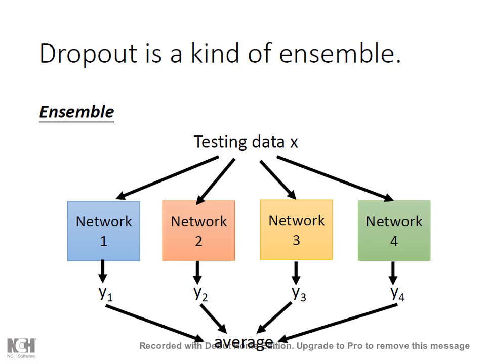We train several networks, and each network has their special skill to do the classification. Then we average all of the results to be the final answer. The dropout is just kind of ensemble learning. Do you agree?